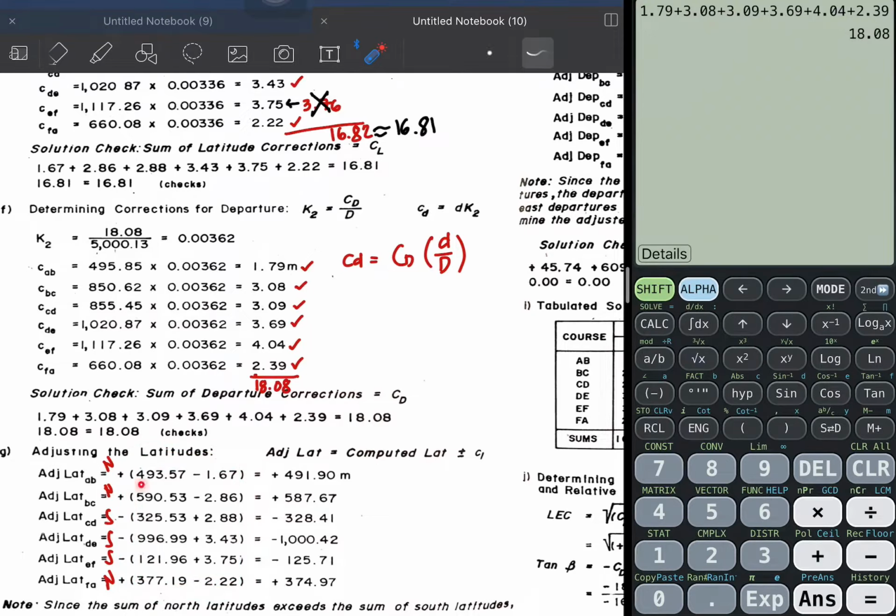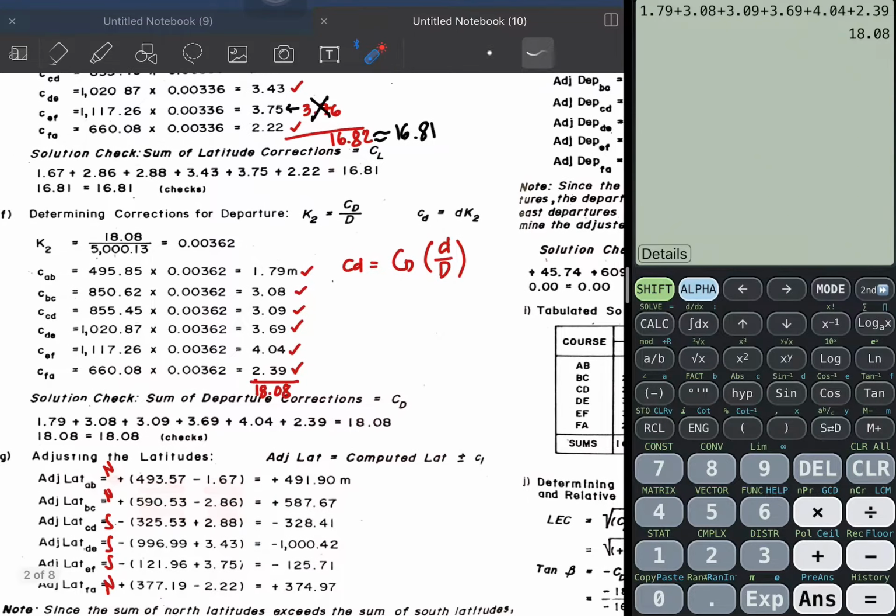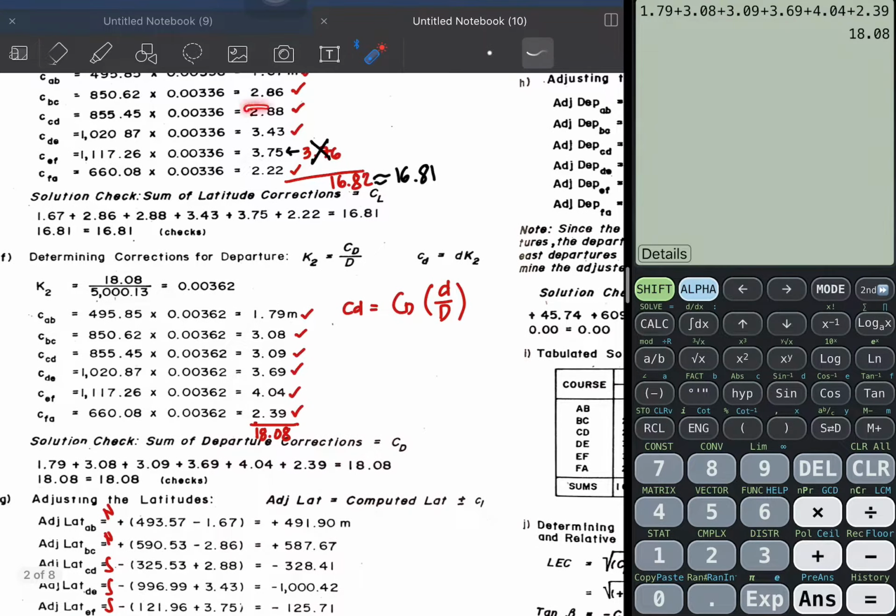Okay? So for the adjusted latitude, you have the computed minus the correction since that is north. And also, the computed latitude for line BC, and then the computed correction, so minus, since that is north. And then for this one, south, so add. This is the correction.